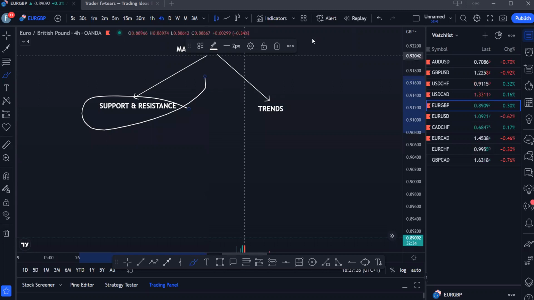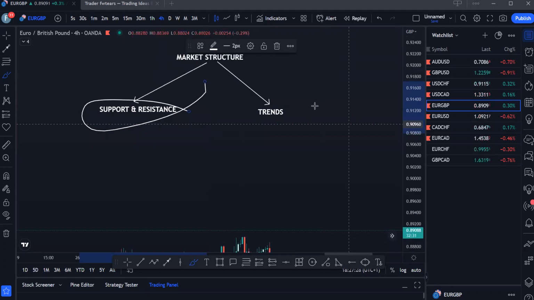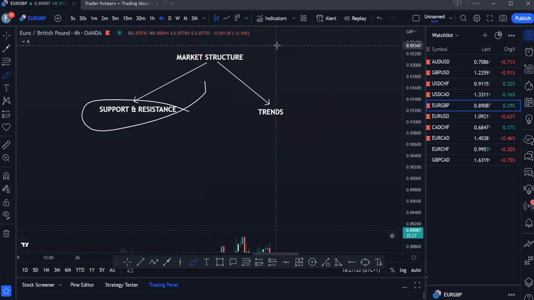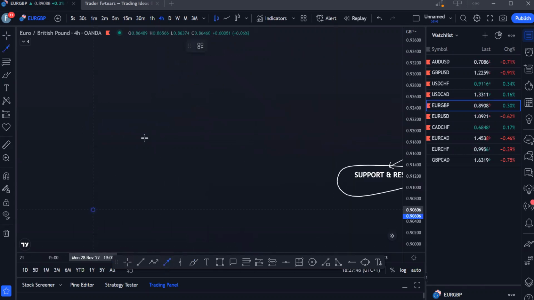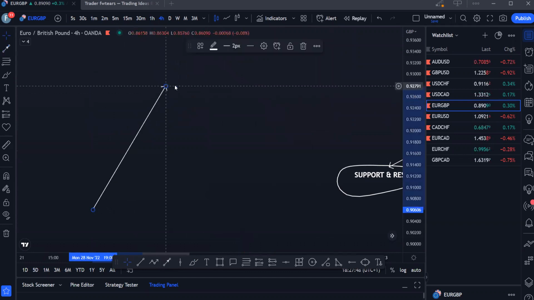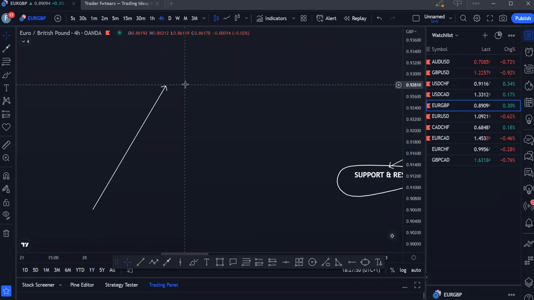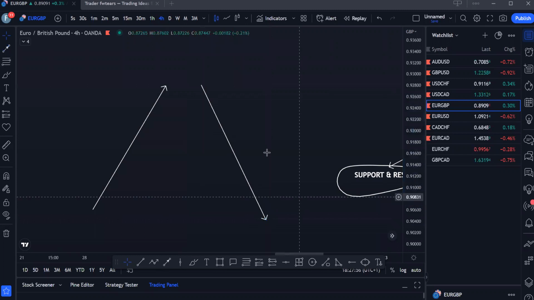All right. So there are 2 kinds of direction in which price moves. Either price is going up, and when price is going up, we say price is bullish. When price is going down, we say price is bearish.